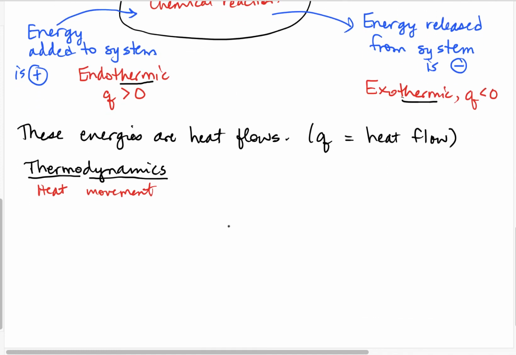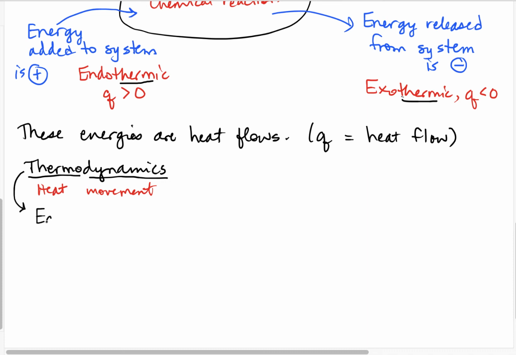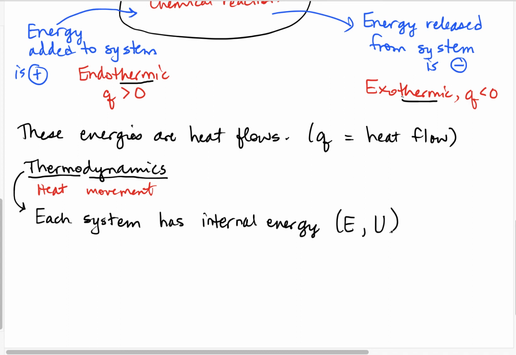Okay, so when we talk about heat flow, and when we talk about thermodynamics, we need to focus on that each system has a certain amount of internal energy. And depending on which book you use, our book uses an E, but sometimes I see books using a capital U as well to talk about internal energy.